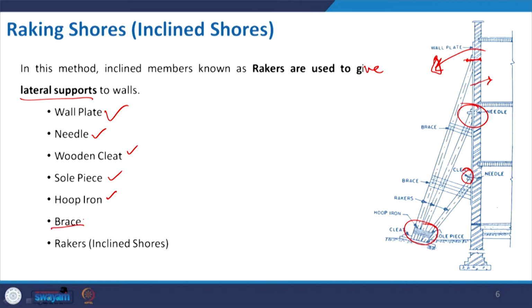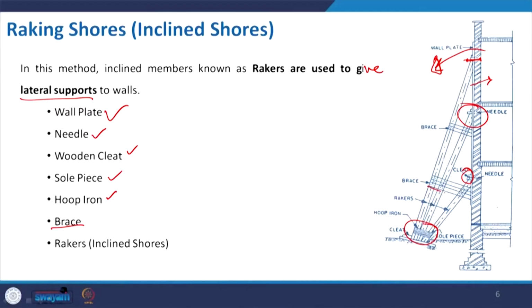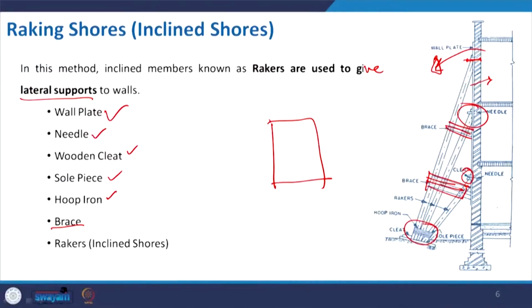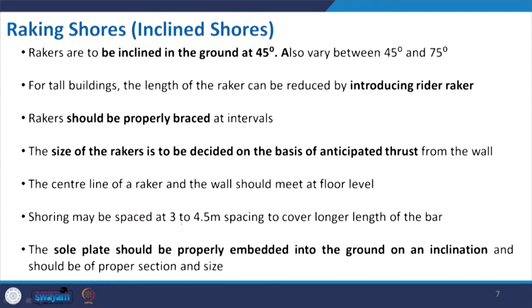The brace or bracing is used where, with a higher span, you have to give some tight situation. You have to give some tie bar to connect all the rackers together. So, this is the bracing. When we discussed bracing earlier, to support the lateral load we used a diagonal. Here we use it perpendicular to the inclination, and the rackers are the main components. Like that we can support it with the racking shore.